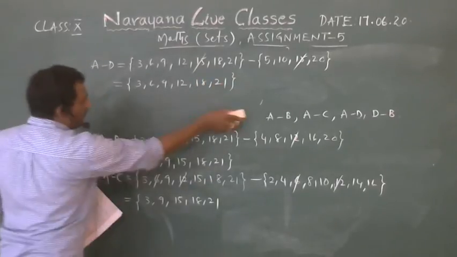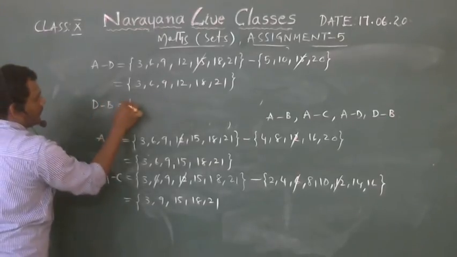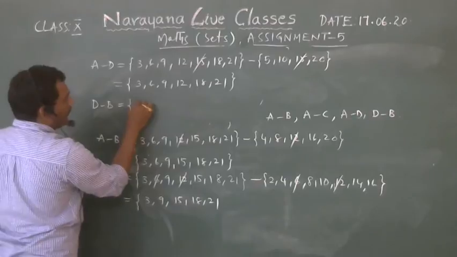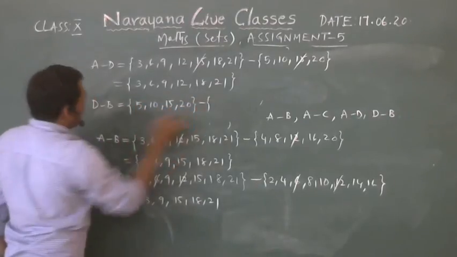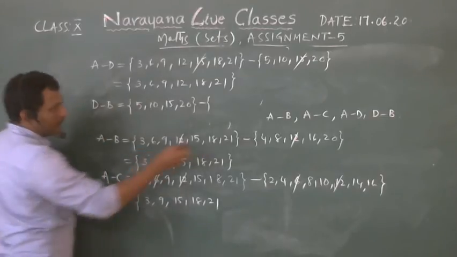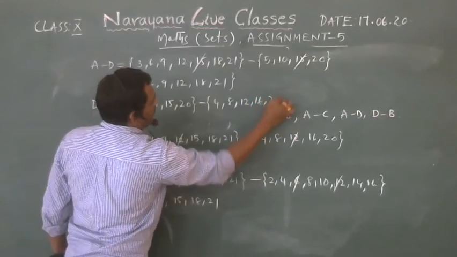So next, last one, D minus B. D set {5, 10, 15, 20} minus B set {4, 8, 12, 16, 20}.